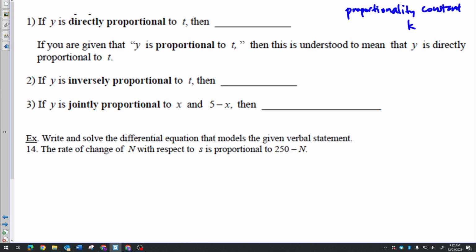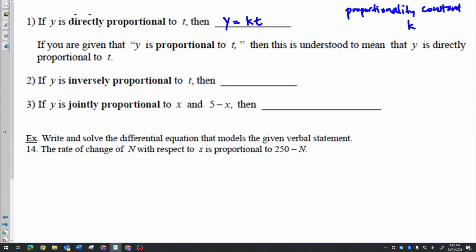It could be any letter that you want it to be. That's a number. And when we say that y is proportional to t, what we're saying is that y varies directly with t. Another way to write that in equation form would be y is equal to some constant times t.